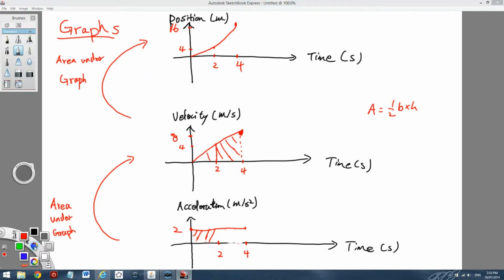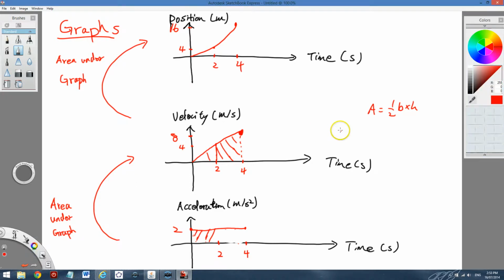Now, we haven't finished yet. If you look the other way around, what I can tell you is the gradient of the position time graph.